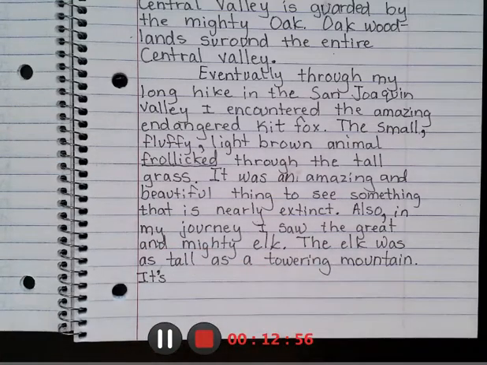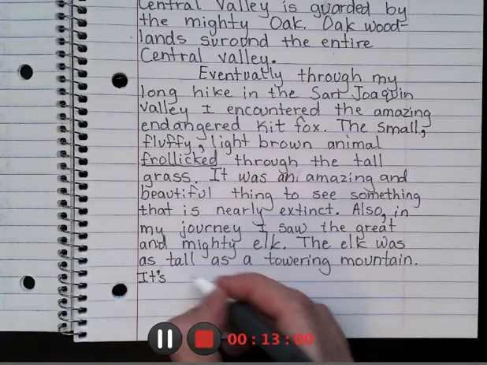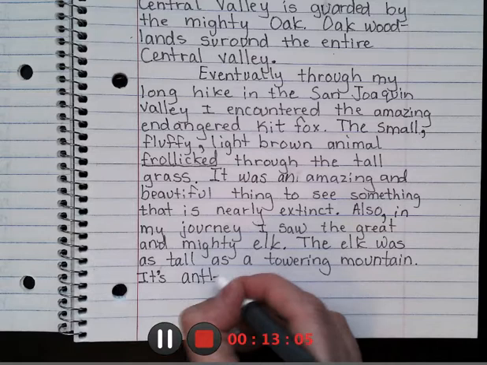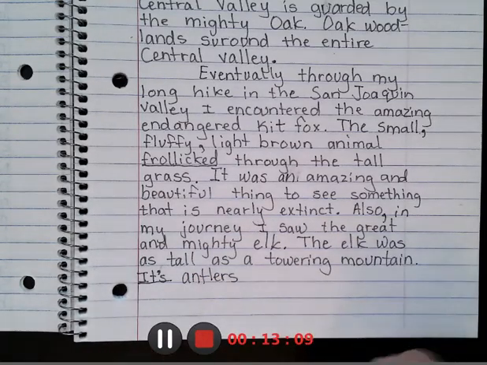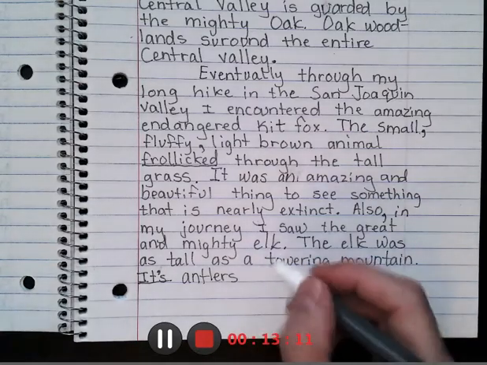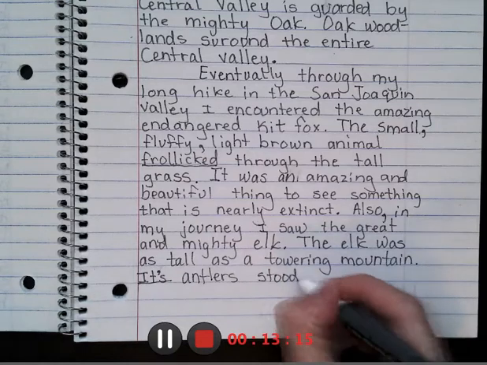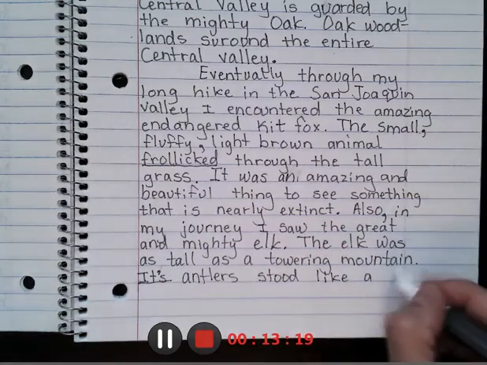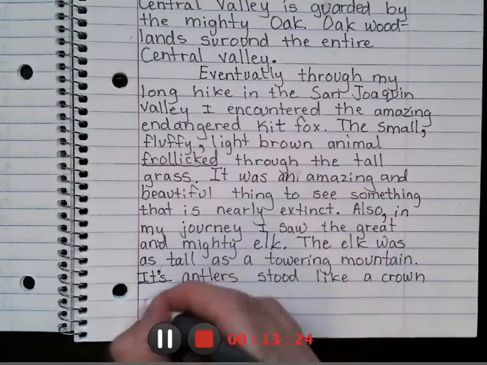So its antlers, I'm going to underline that. We'll check it later, right? Stood like a crown on its head.